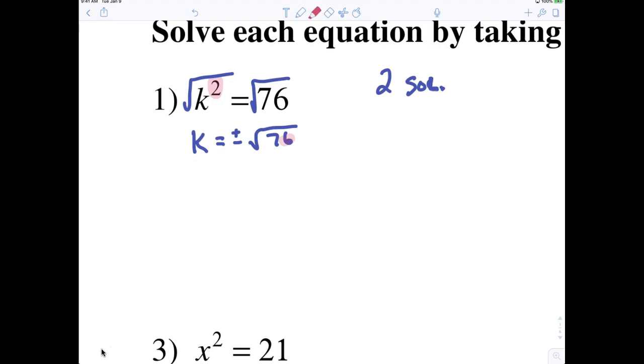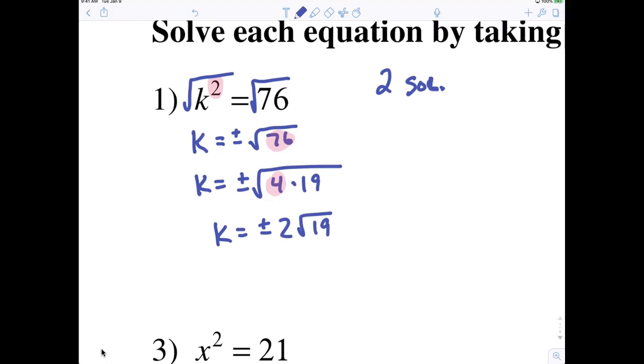Now I need everybody to highlight 76. K is equal to plus or minus the square root of 4 times 19. 4 times 19 is 76. Now reviewing, what's the square root of 4? So K is equal to plus or minus 2 radical 19.